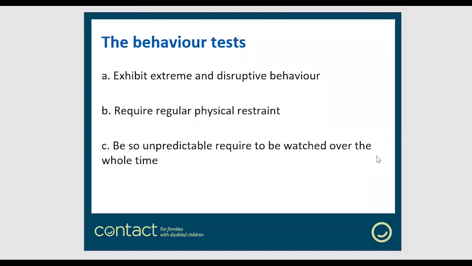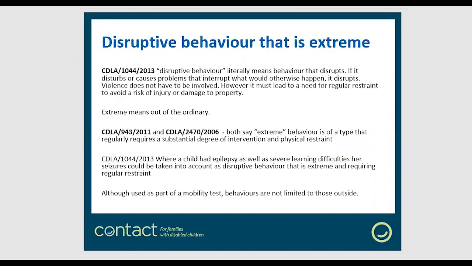Now, we get lots and lots of calls from parents who've been refused high-rate DLA on the basis of severe mental impairment, and the decisions will say something like, there's no evidence that the child is violent or aggressive. And that's a really common thing to see in decision letters. But one of the things we need to point out is that that's not the correct test. So there's not a requirement that your child have violent or aggressive behavior.